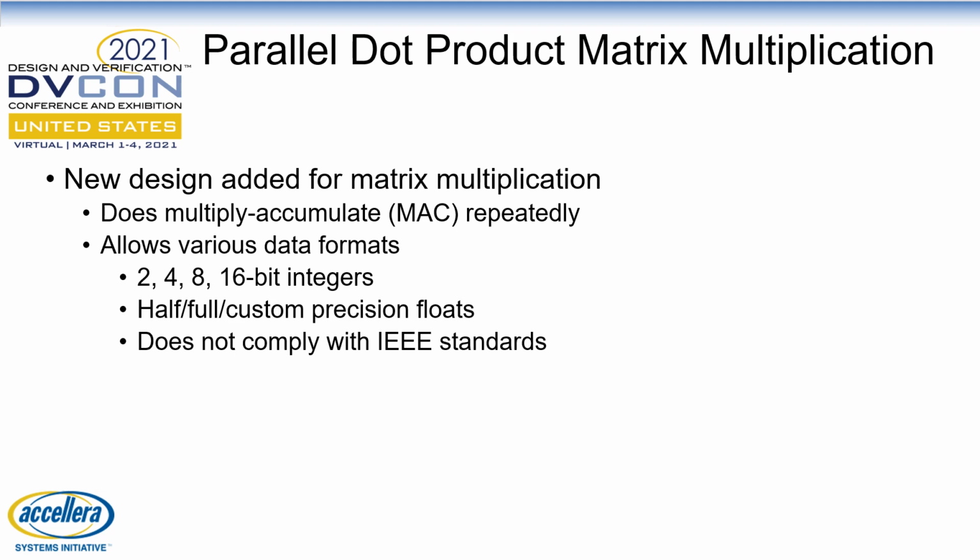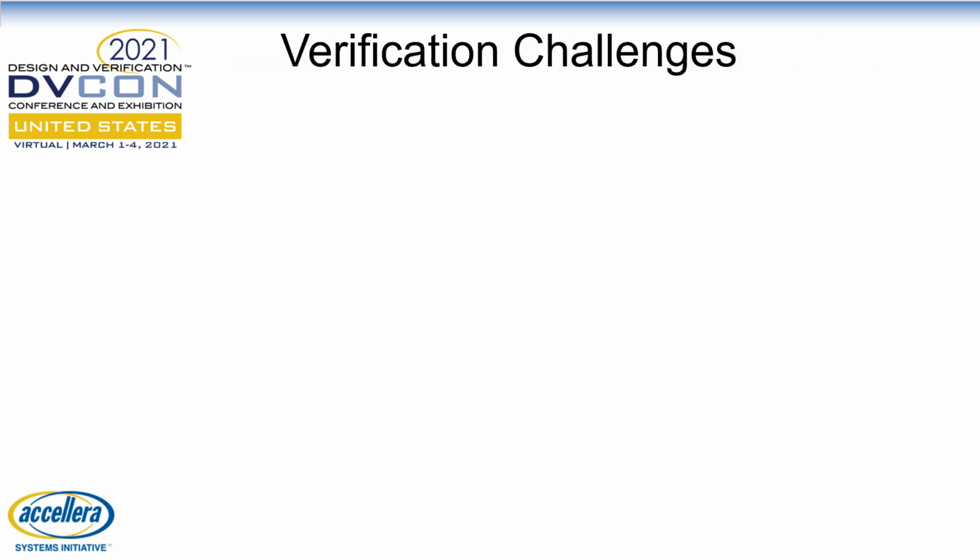It allows all sorts of formats, integers, half floats, B floats, various custom floats, and does not comply with IEEE standards. As you can imagine, formal is extremely important for such algorithms, as you cannot possibly cover all vectors in a simulation environment, and chances of corner case bugs lurking are very, very huge.